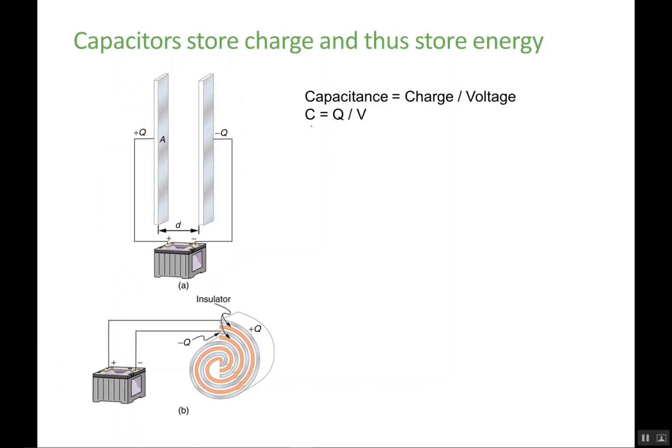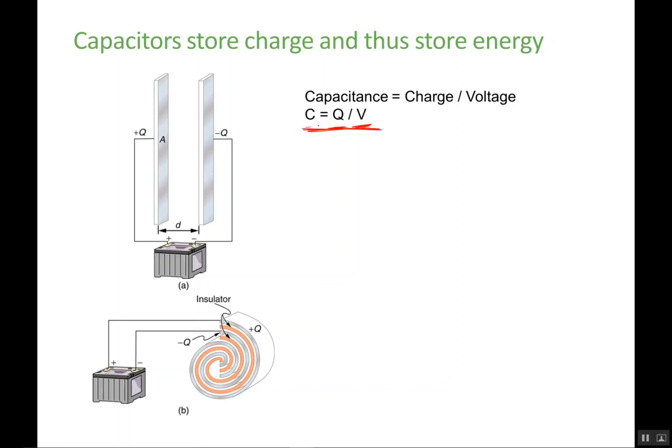And we can characterize different capacitors in terms of a parameter called their capacitance. Capacitance is defined as the amount of charge that can be stored on a capacitor divided by how much voltage can be established between the two sides of the capacitor.